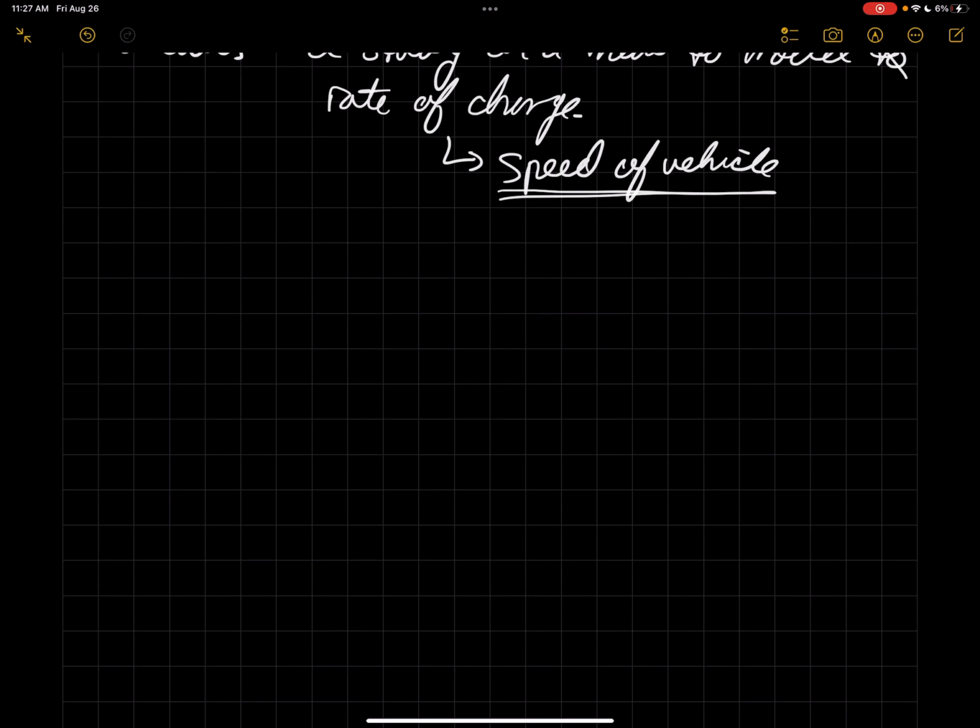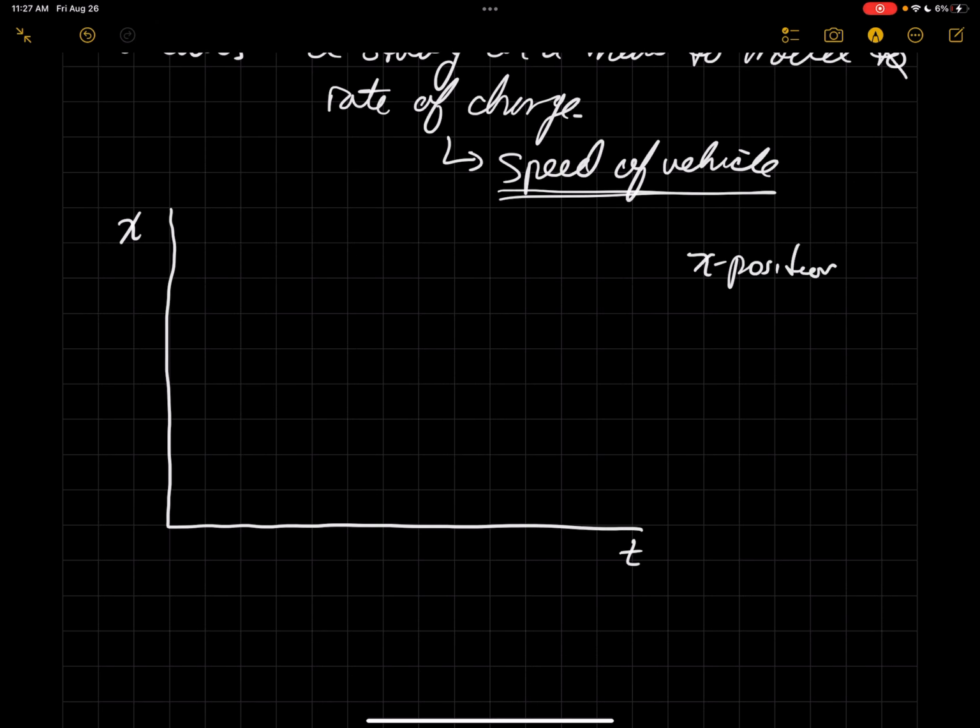Let's suppose that the speed of a vehicle, an automobile, for example, is described on an xt plane, where x is the position of the vehicle, and t, of course, is time.